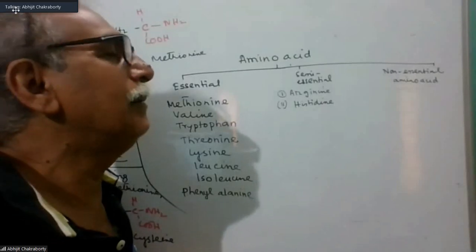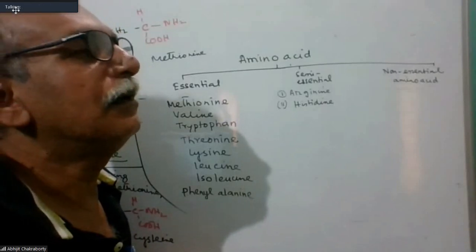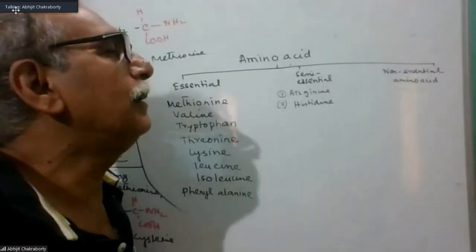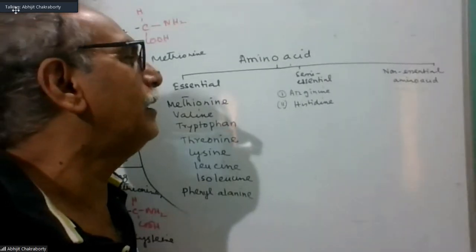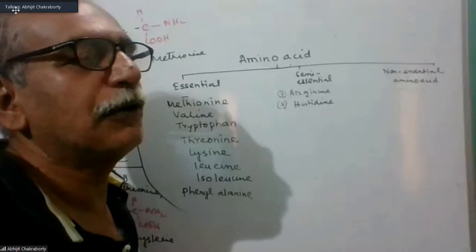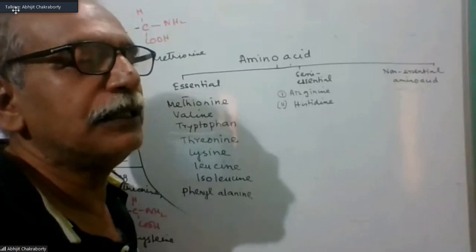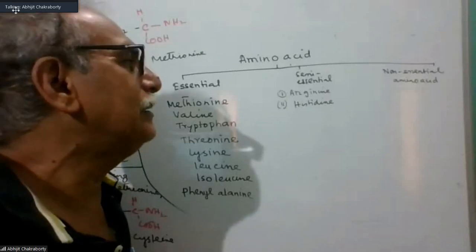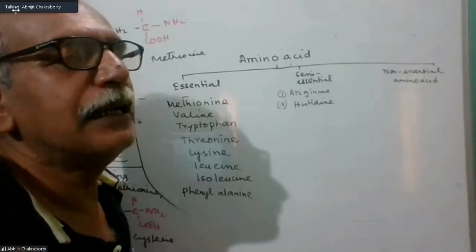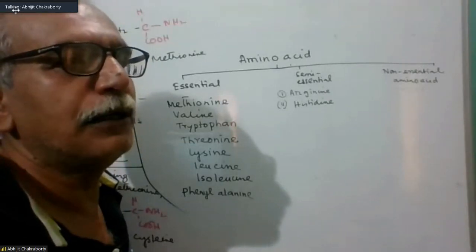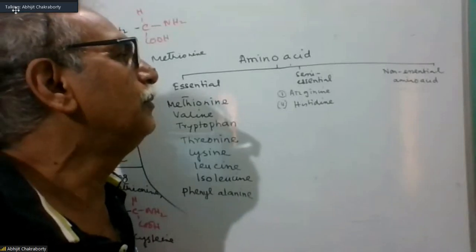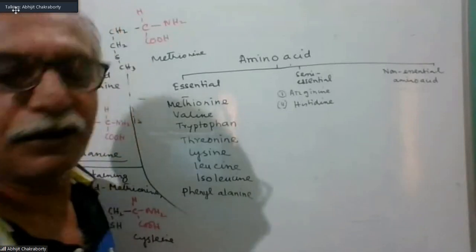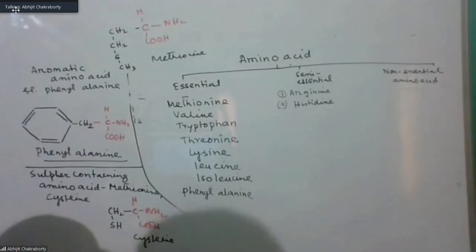In adult stage, they become non-essential. That means in the infants, body of infants, arginine and histidine cannot be synthesized. So these two amino acids are required to be taken through diet. But in the adult stage, these arginine and histidine are found to be synthesized in the body. So in adult form, both these amino acids are considered as non-essential. বুঝতে পেরেছি জিনিসটা এবার? The difference between essential and non-essential.